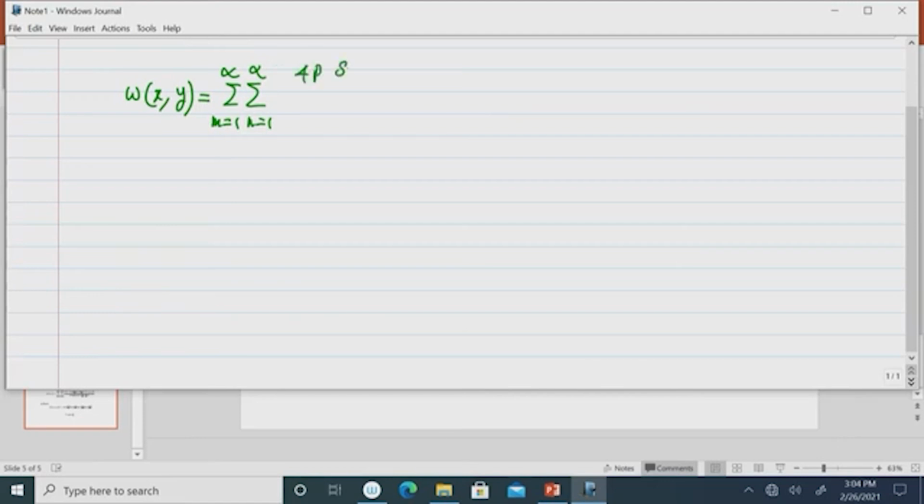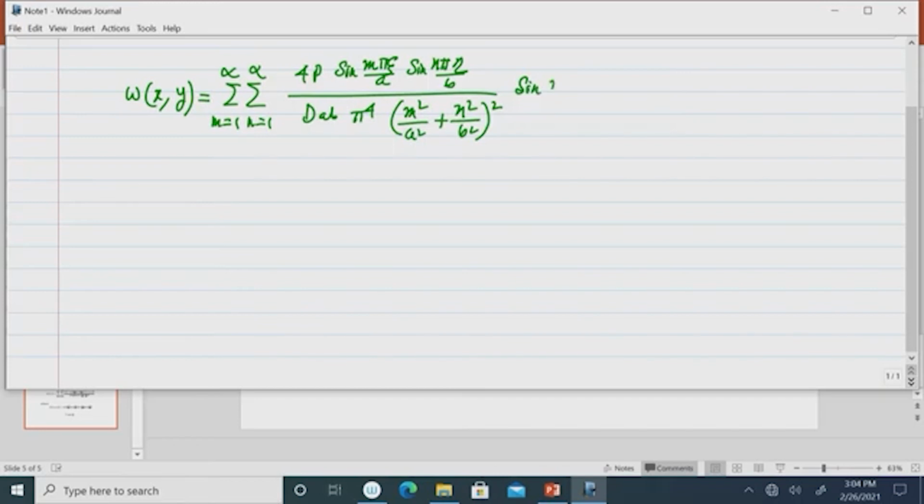So, 4 p we can substitute, and sin m pi xi by a sin n pi eta by b divided by D a b pi to the power 4, m square by a square plus n square by b square whole square, and sin m pi x by a sin n pi y by b.